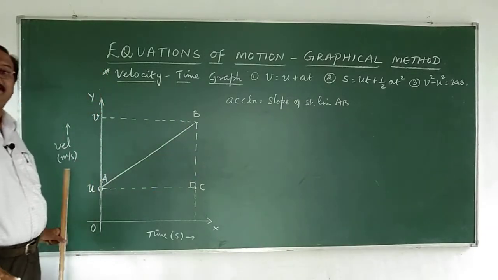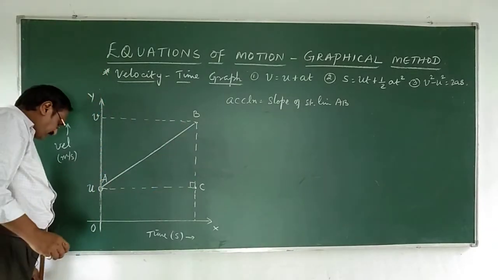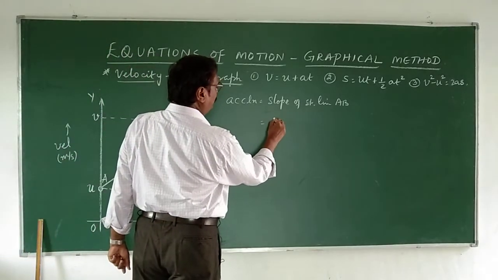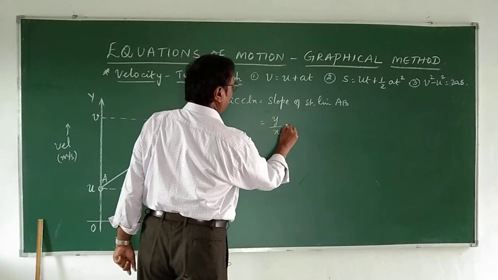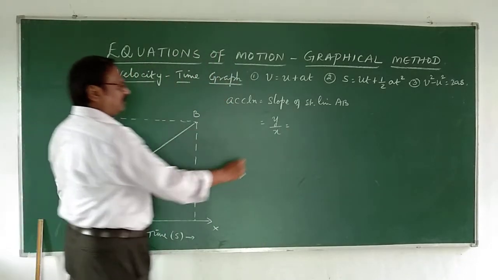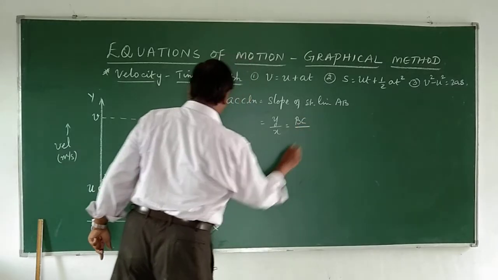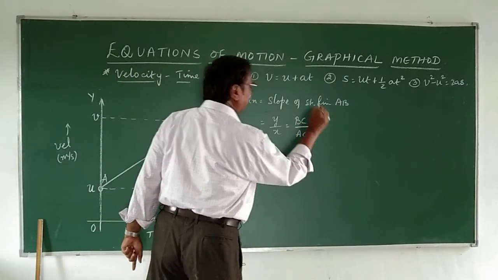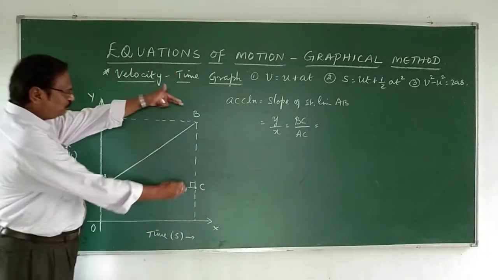Now I need to find the slope of this graph. Slope is the y value upon the x value, which is BC divided by AC.